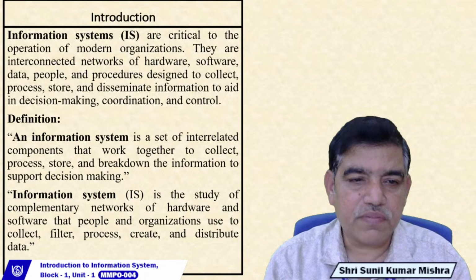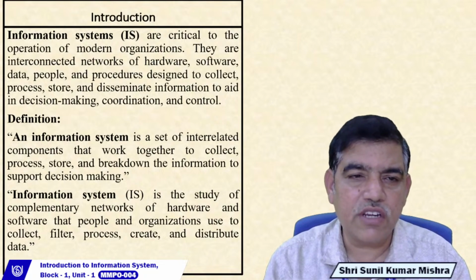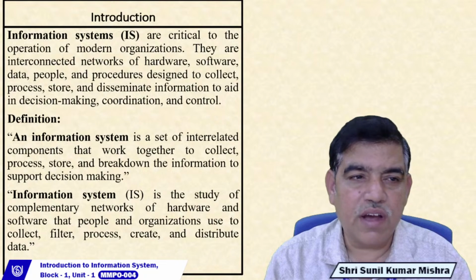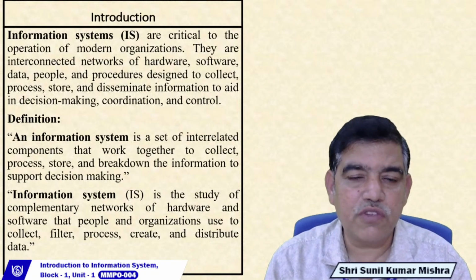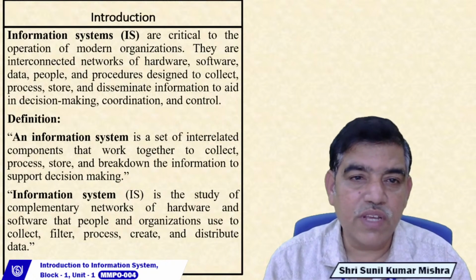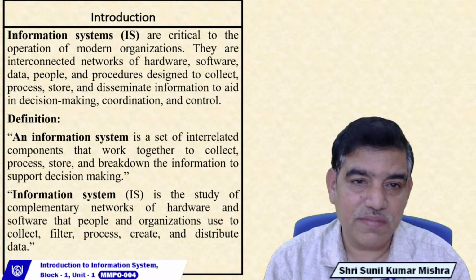A system means the integration of different components: people, software, hardware, and data, through which we generate our information, and procedures. Procedures means the guidelines, methods, and techniques we implement in our system to generate reports as and when we need.